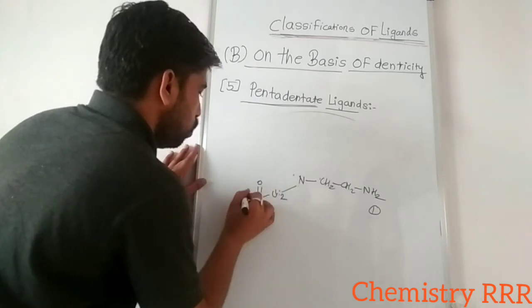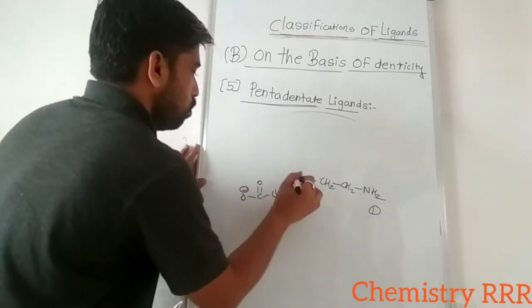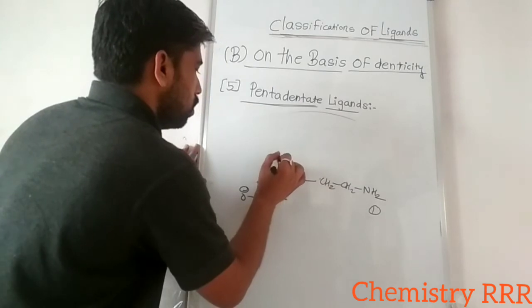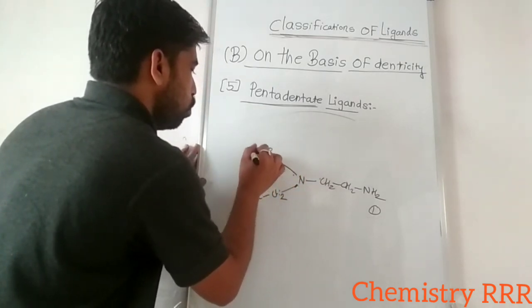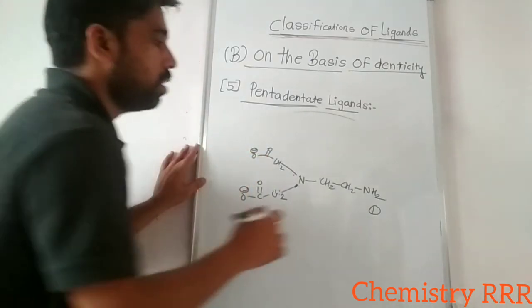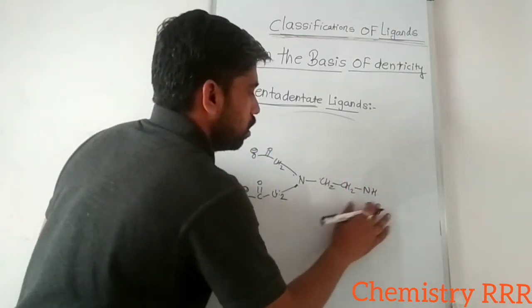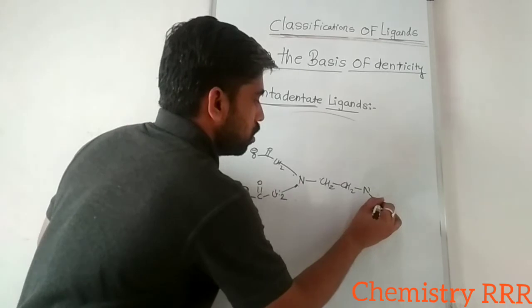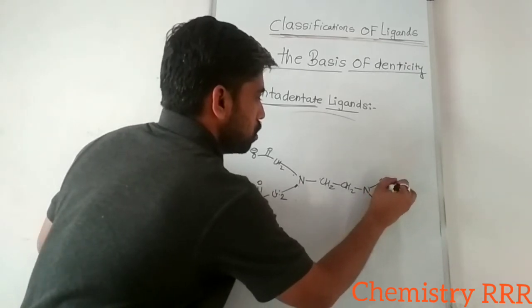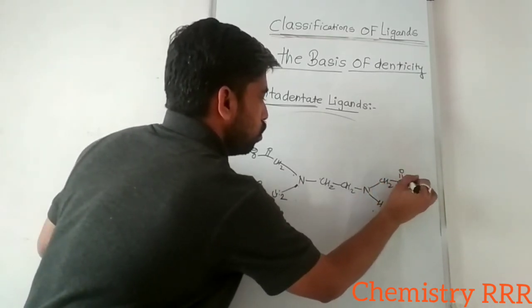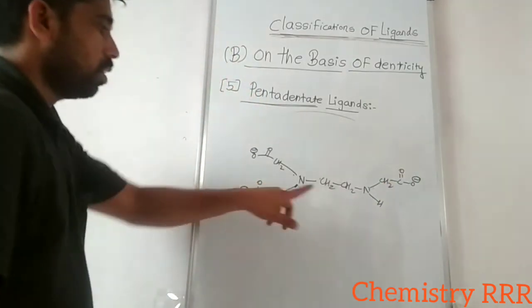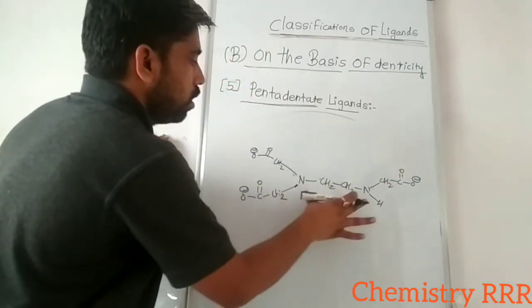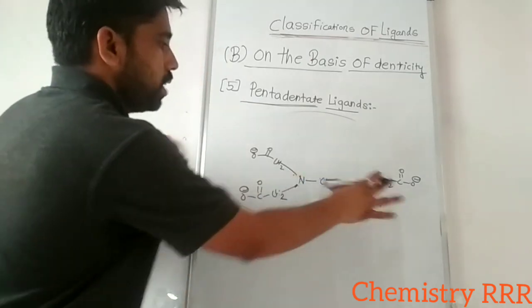C double bond O, O minus, first acetate ion, then CH2, C double bond O, O minus, the second acetate ion, and the hydrogen on this side is replaced by CH2, C double bond O, O minus. This is the structure of ethylene diamine triacetato.